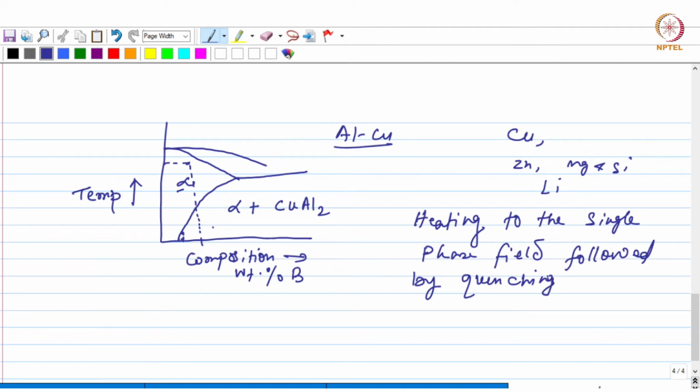Right? It is heated to the single phase field region followed by quenching in a liquid so that it cools down at a high cooling rate, right?